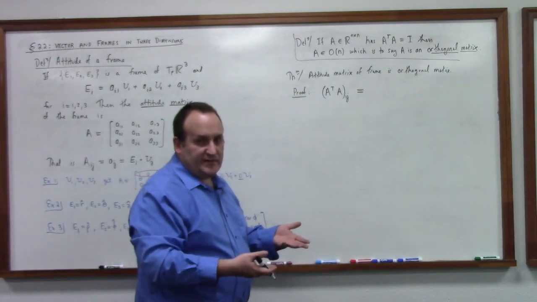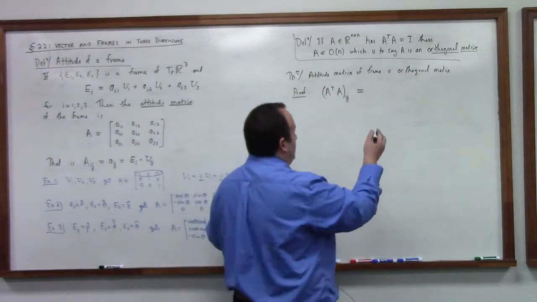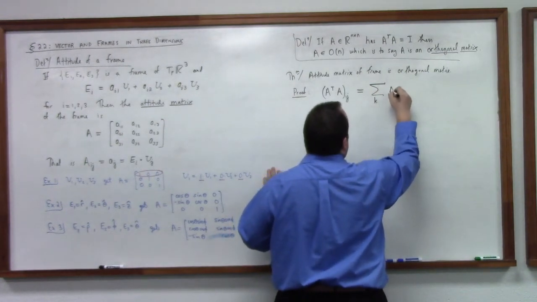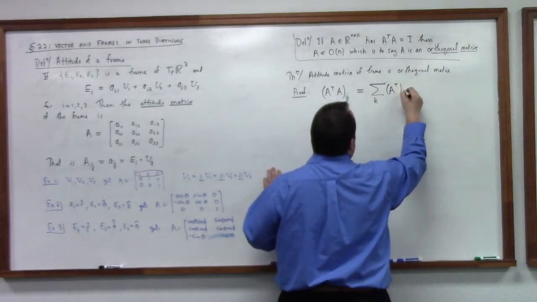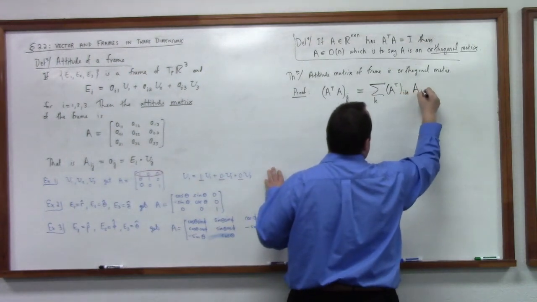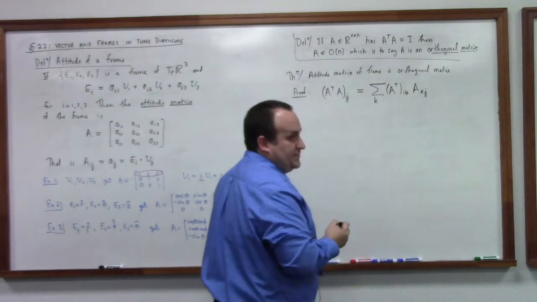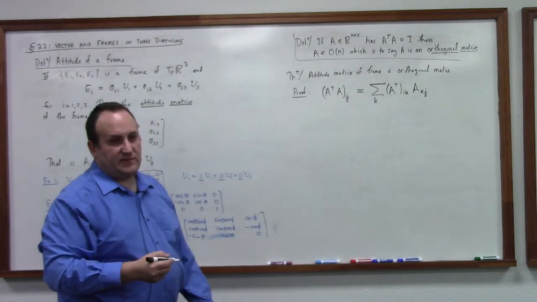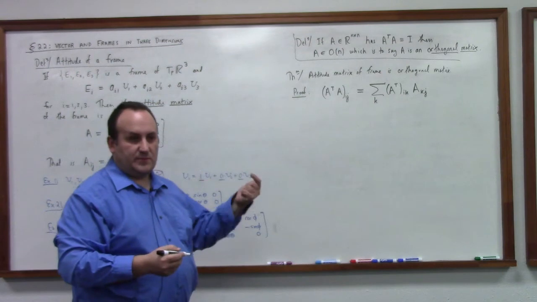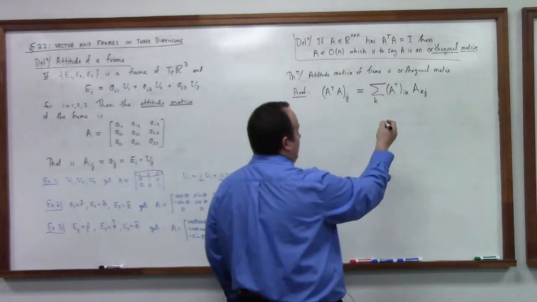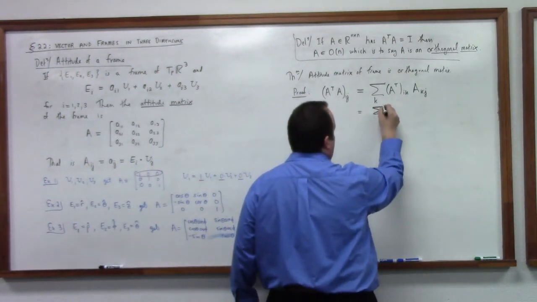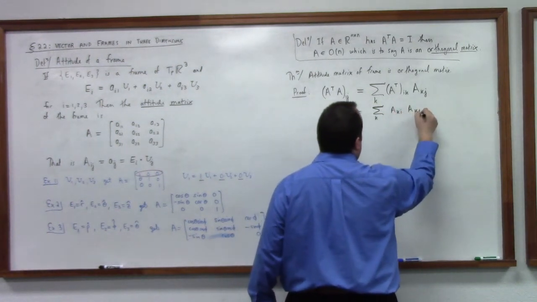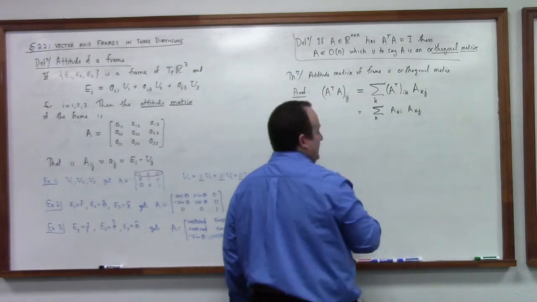The formula for the ijth component of the product of two matrices is the sum over k of A transpose ik A kj. This is matrix multiplication in index notation. Now, the transpose of a matrix does what? It flips the row and the column. So A transpose ik is actually A ki, A kj.